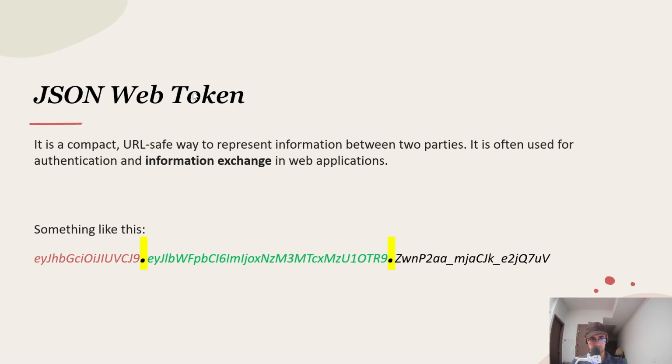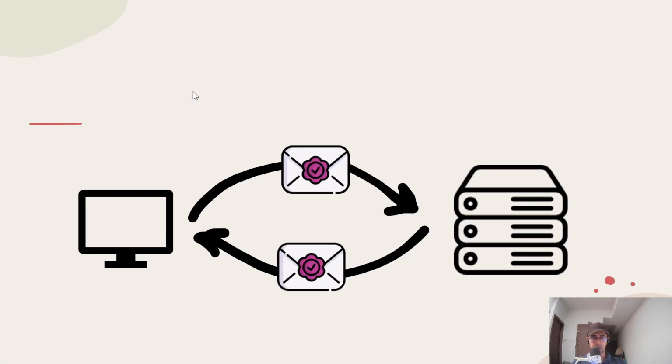JSON Web Token is a way to represent information between two parties, and it is often used for authentication and information exchange in web applications. In simpler terms, it's a way to create some sort of information, send it to a server, and then the server will send something back toward your computer.